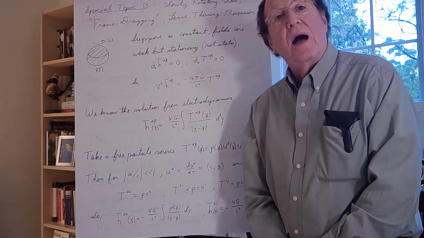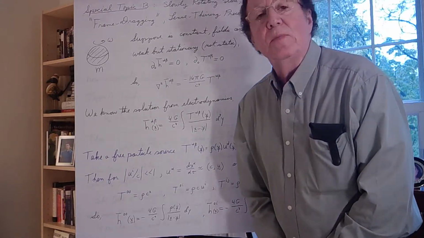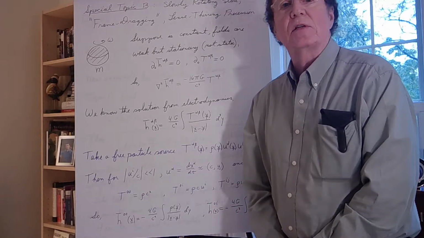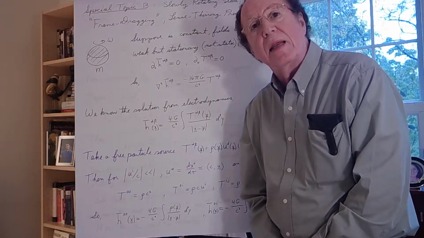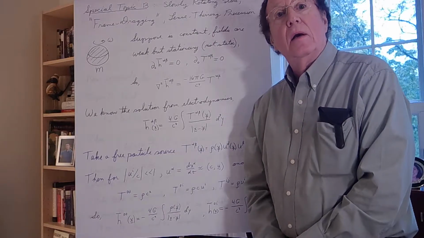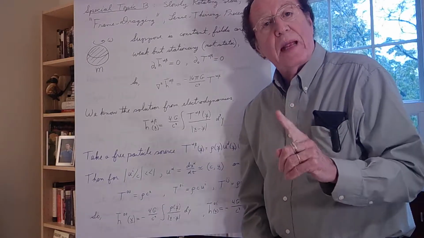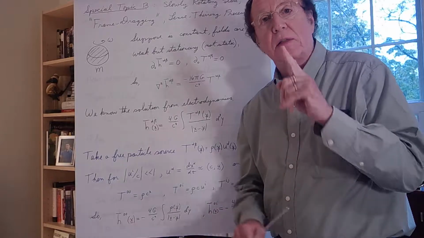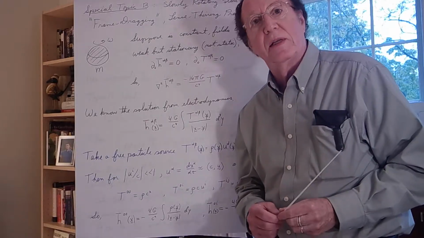We can think of the wave h mu nu, the deviation from the Minkowski metric, as a field propagating in a completely flat Minkowski metric. If we have a Minkowski metric, remember, that tells us this is a problem in special relativity.